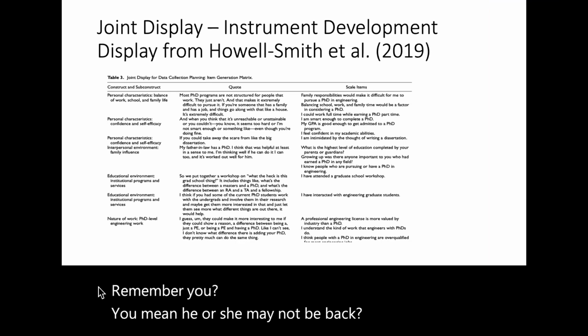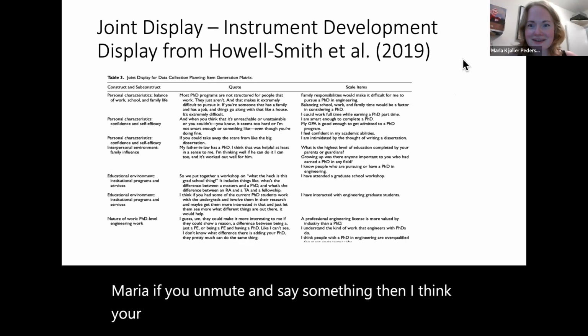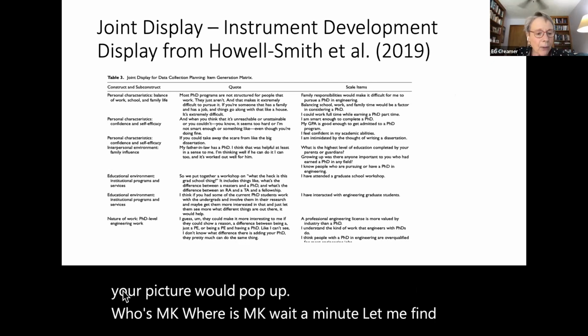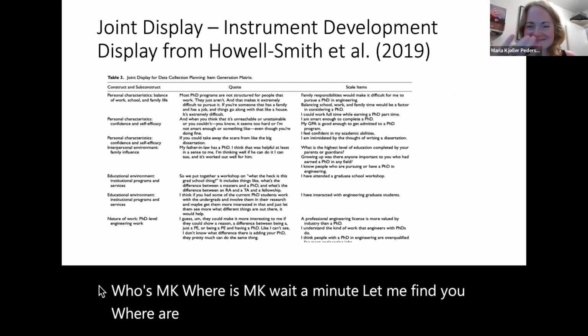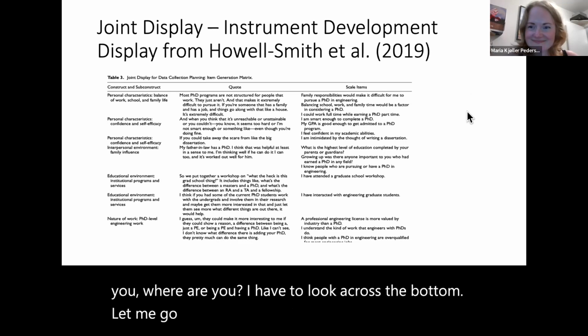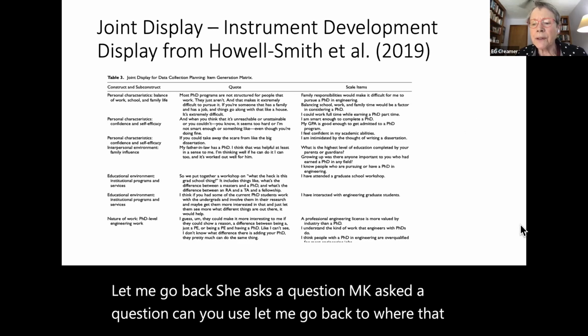I think that's Maria. Is that Maria? Maria, if you unmute and say something, then I think your picture would pop up. Yeah, it's me. I'm MK. Who's MK? Where is MK? Oh, wait a minute. Let me find you. Where are you? I have to look across the bottom. Okay. Let me go back. She asked a question. MK asked a question. Let me go back to where that question was.